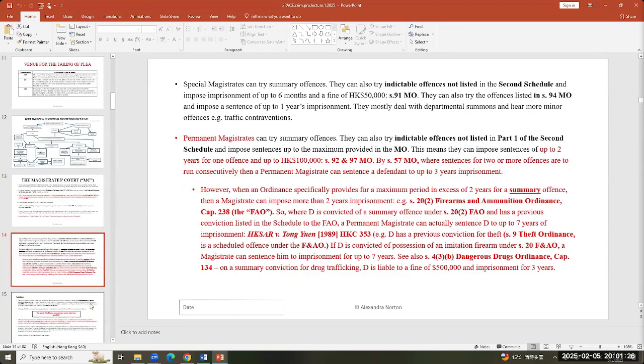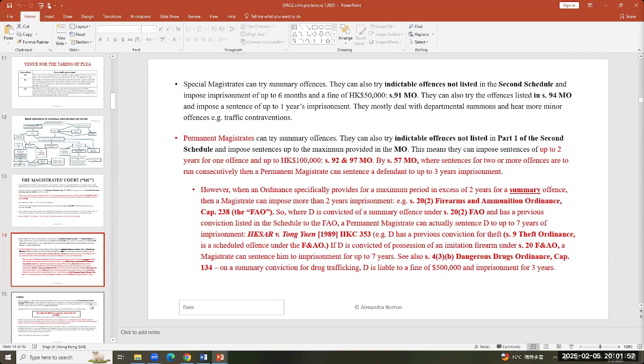So don't worry too much about special or permanent magistrates, but I've just set out the differences for you here. But one thing I do want you to be aware of is, although we say that the maximum jurisdiction of the magistrate's court is 2 years, with a 3 year extension if the sentences are running consecutively, one after the other, there are specific statutory exceptions. One example is section 20, subsection 2 of the Firearms and Ammunition Ordinance.